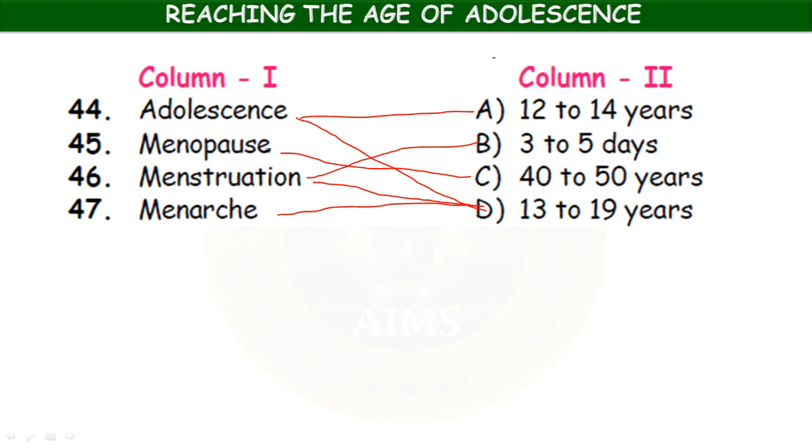The menopause is 40 to 50 years. So here it is D, first one.